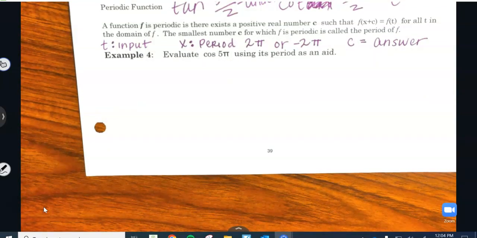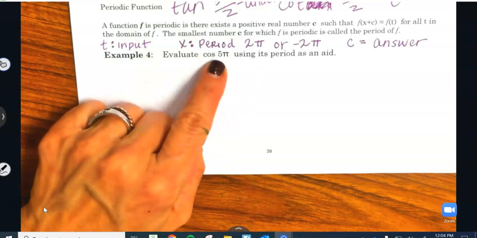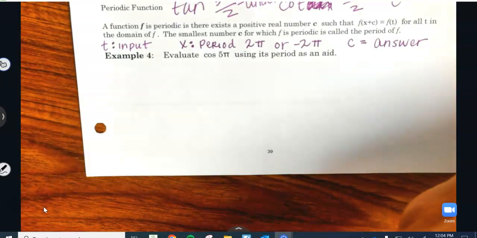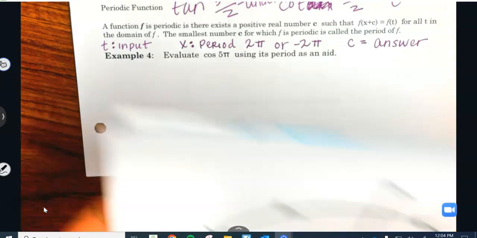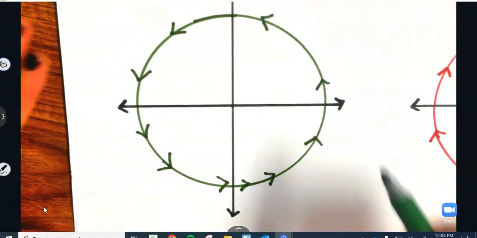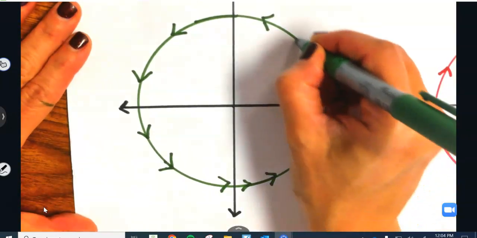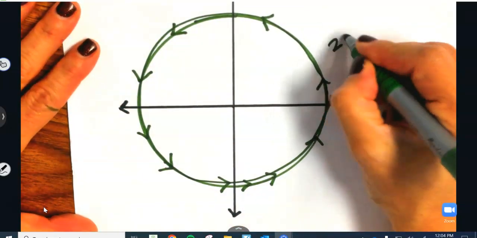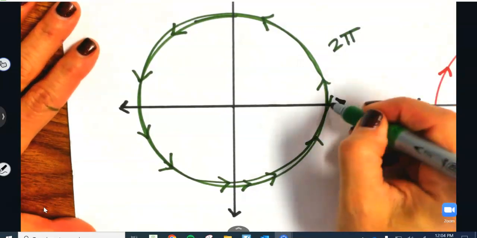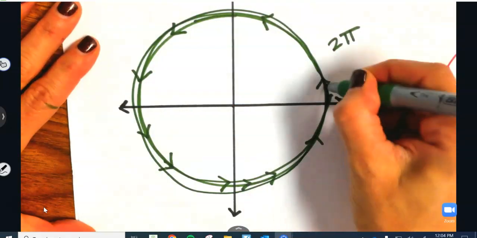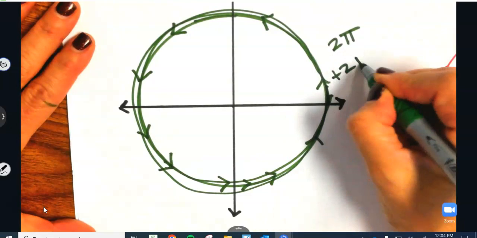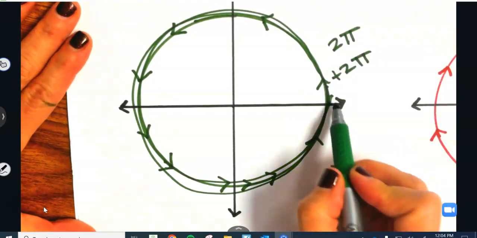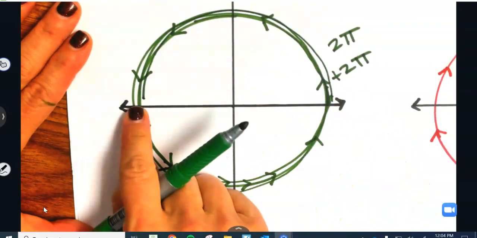All right, so here's what's happening. Evaluate cosine 5 pi using its period as an aid. Notice 5 pi is positive, and for the sake of this first example, I drew a little graphic here. If I go all the way around, how far did I go? 2 pi. What if I went all the way around again? That's another 2 pi. What if I just went a single pi?